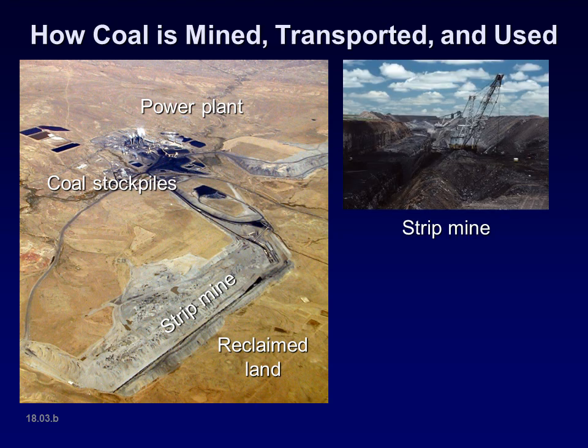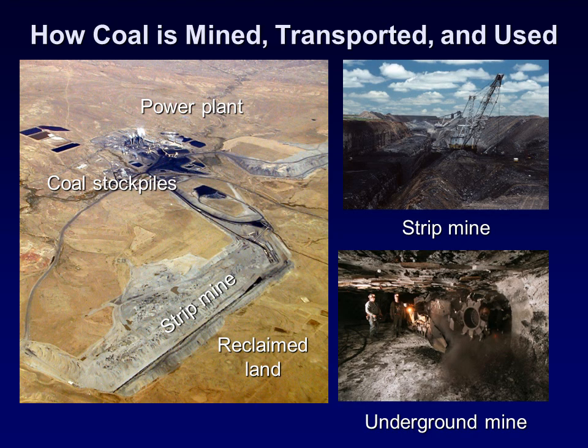And again, that only happens if the deposit is close to the surface. They strip off and save what's called overburden, which is anything that's on top of the coal. They're going to keep it, including soils. They mine the coal and then reclaim the land with that overburden from the next strip. So when that mine retires, they fill it back in.